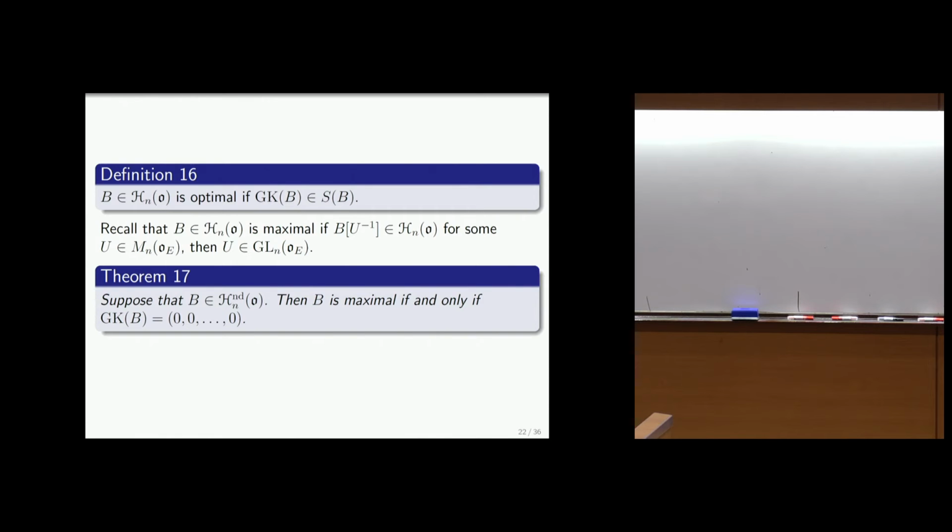The first theorem says that for a semi-integral Hermitian matrix B, B is maximal if and only if the Gross-Keating invariant of B is 0. This is quite easy.